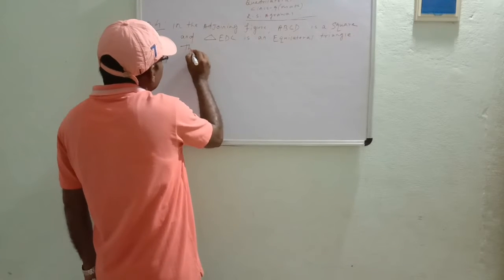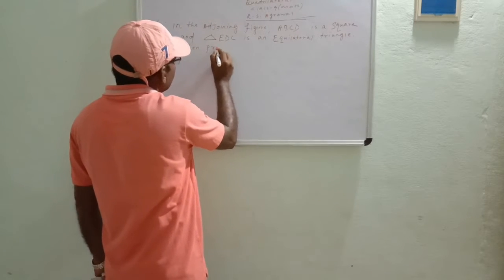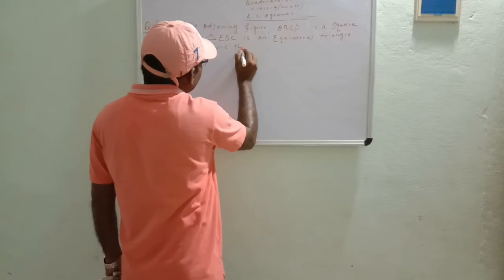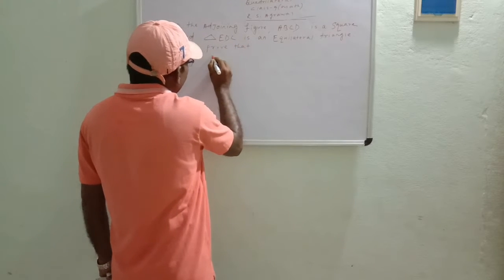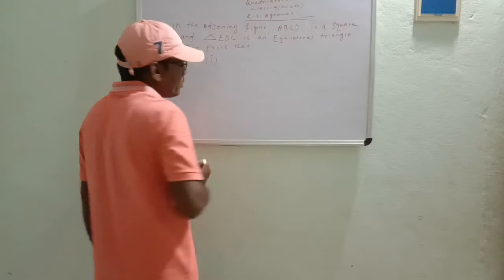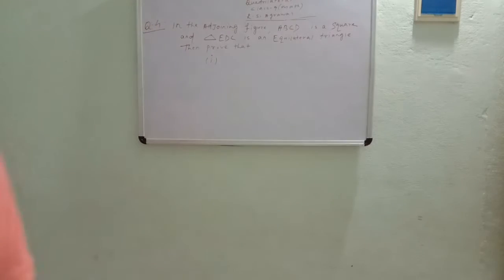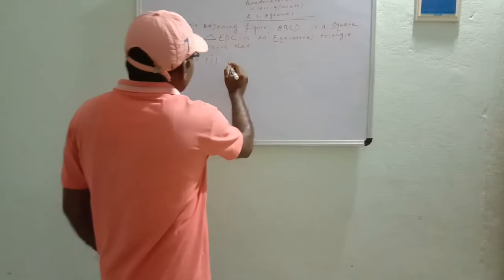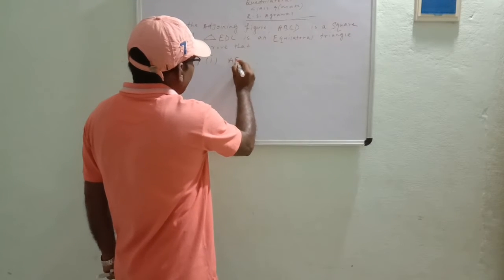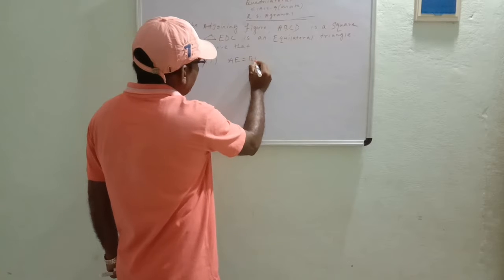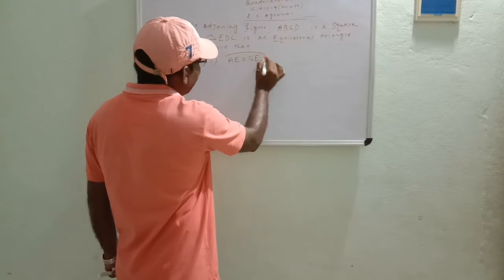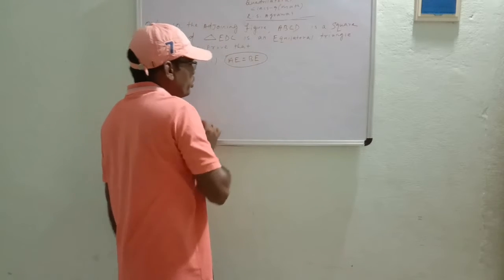Then prove that, number one, AE is equal to BE. You have to prove this. It is the first proof.